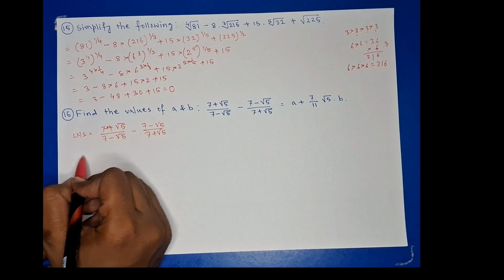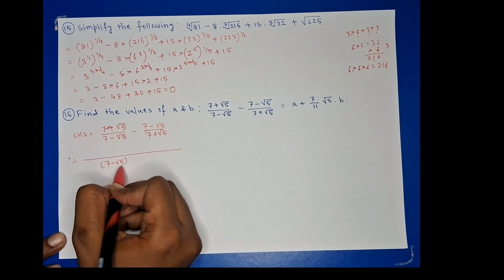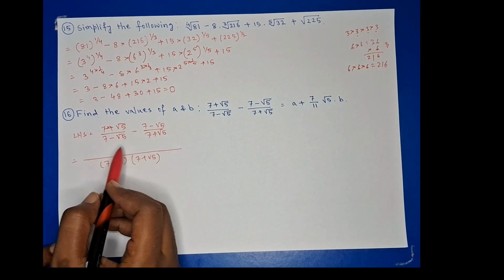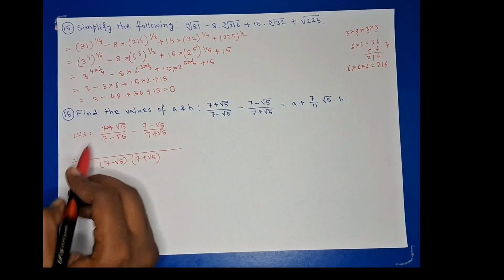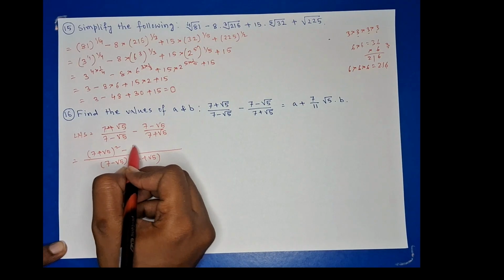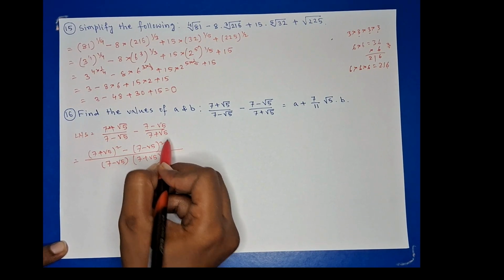Can we write it as 7 minus root 5 into 7 plus root 5? So in the numerator what we will do? This into this, 7 plus root 5 whole square, minus this into this, 7 minus root 5 whole square.